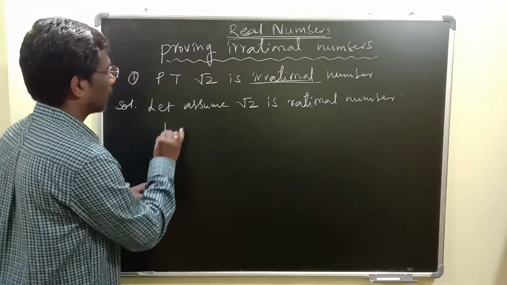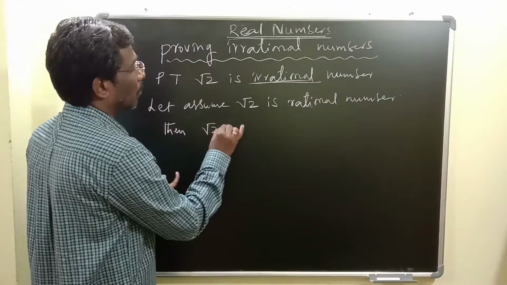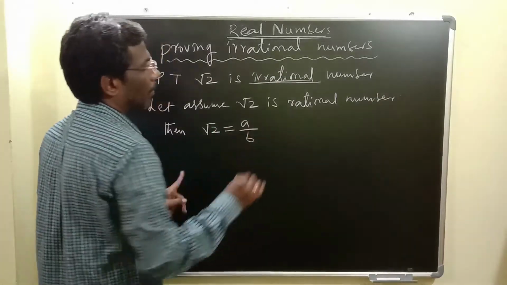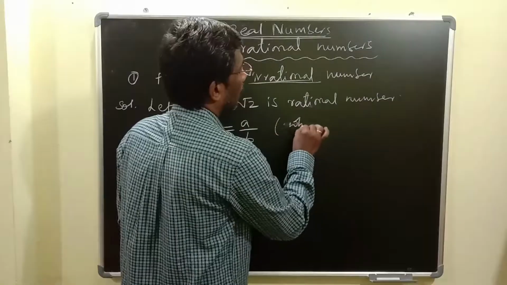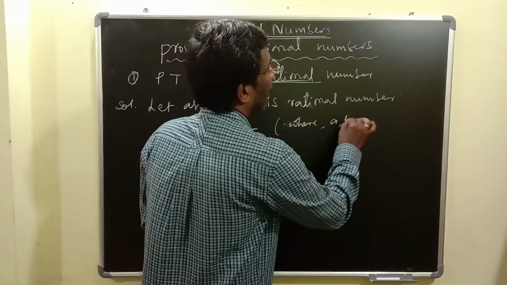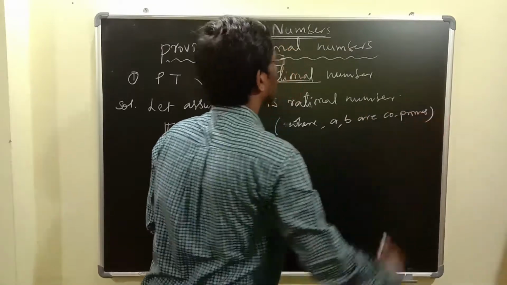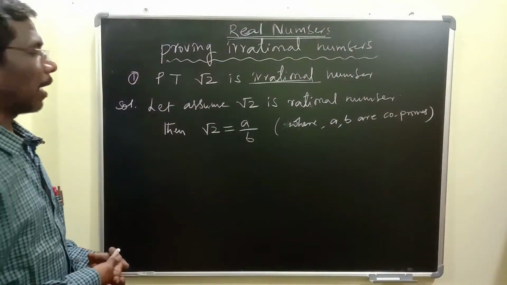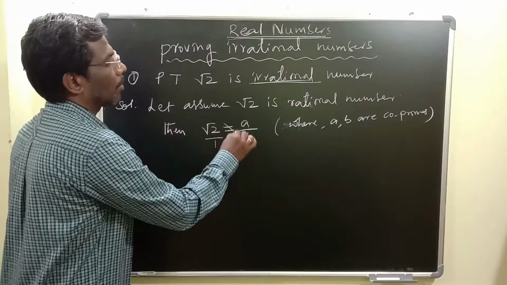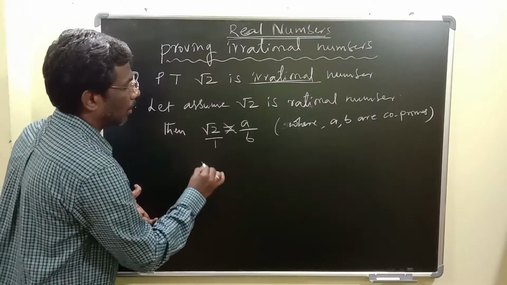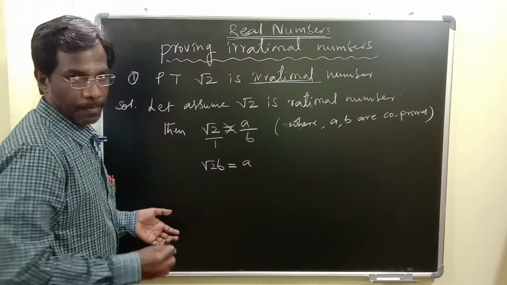Then we can write root 2 is equal to a by b, because a by b is the rational number form, where a, b are co-primes. Next, you can write 1 below root 2. Do cross multiplication. You get root 2 b is equal to 1 into a, which is a.